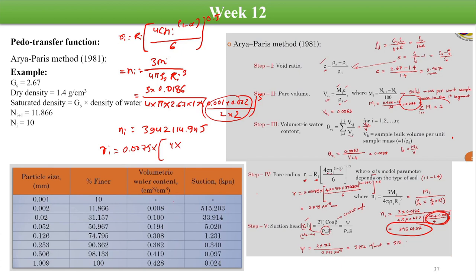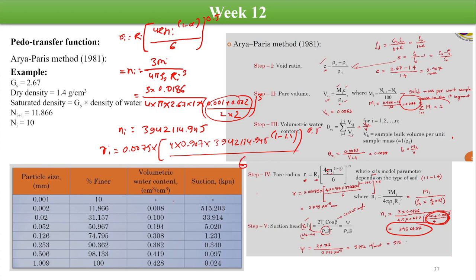Okay, this actually is E, right, not C. So the void ratio E value we have calculated here, 0.907, into the Ni value we calculated, 3942114.945, and that will be to the power 1 minus alpha. Let's say we are taking 1.4, and divided by 6 to the power 0.5.